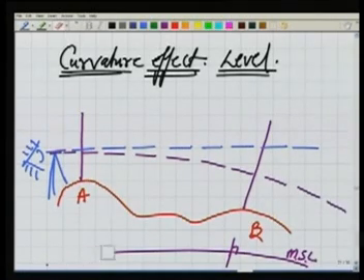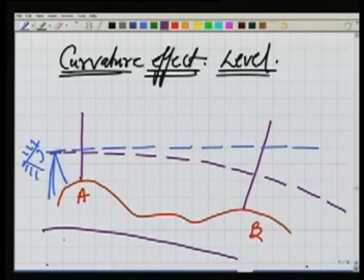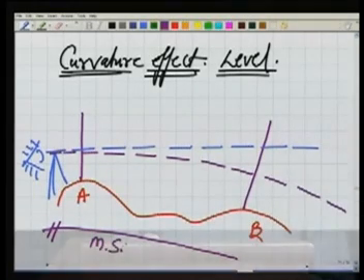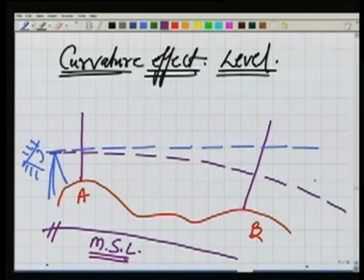Let me just correct this one so that they look similar or parallel. So the mean sea level or our datum is somewhere here. So ideally, in ideal case of measurement, this mean sea level is there. We should establish a measuring surface, this measuring surface which is parallel to the mean sea level.